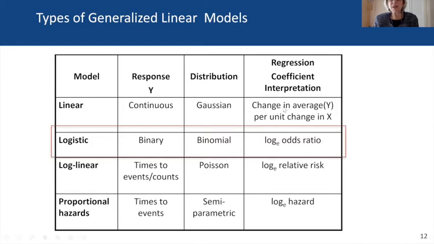But we'll be looking at logistic regression as another form of a generalized linear model where the outcome y is binary in nature, follows an underlying binomial distribution, and we will see that the regression coefficient interpretation, the interpretation of beta, is a log odds ratio. And there are many other generalized linear models. Others that you will see are listed here.